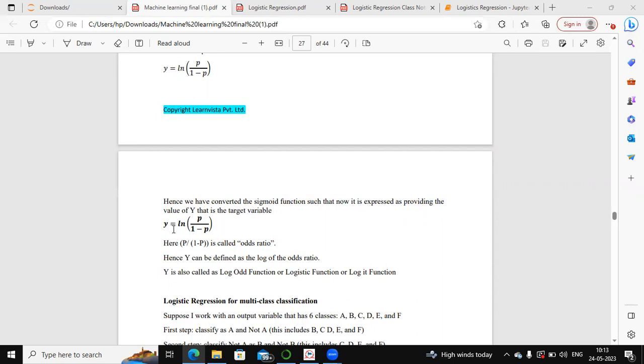Here p / (1 - p) is called the odds ratio, and hence y can be defined as the log of the odds ratio. Y is also called the log odds function, logistic function, or logit function.